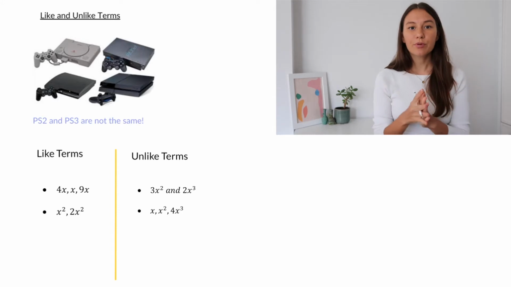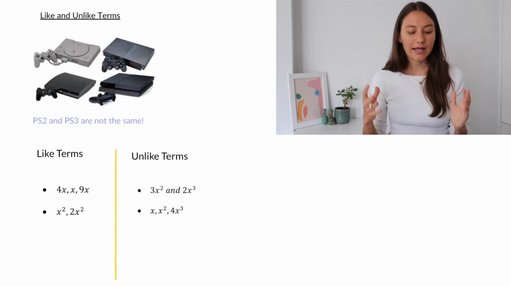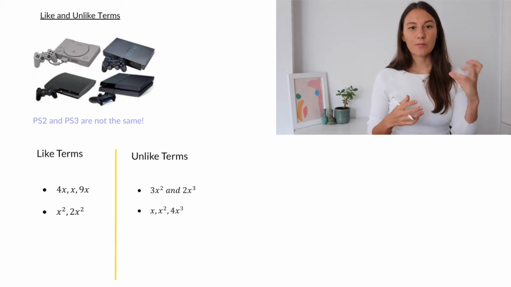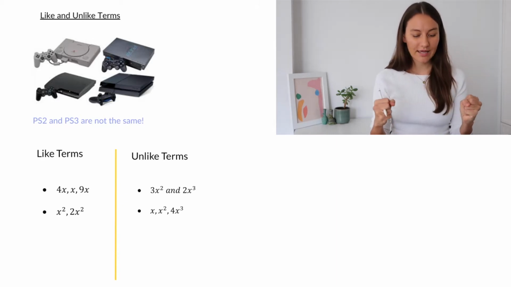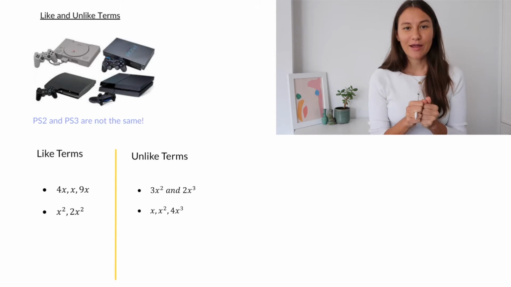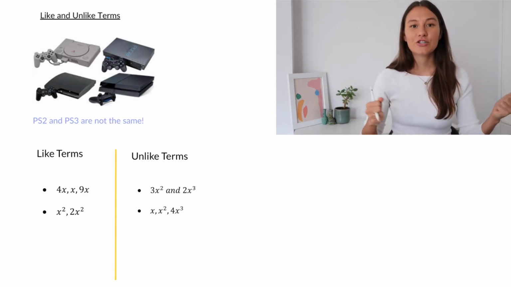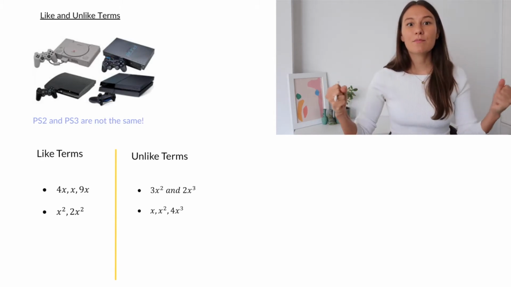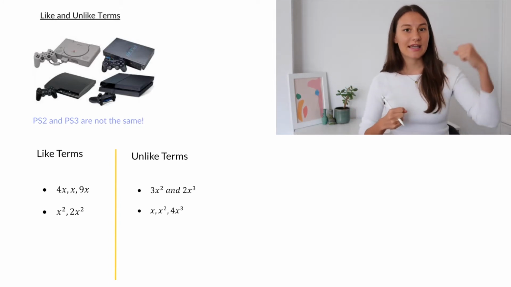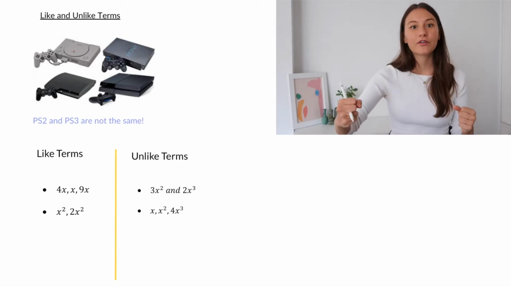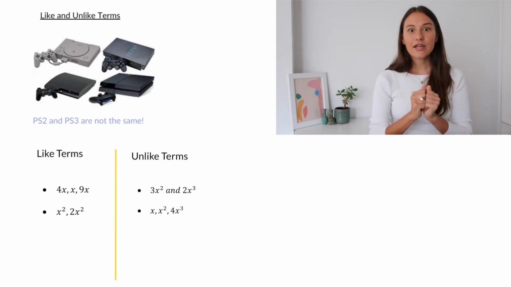So in order to simplify an expression or put things together, we have to talk about like and unlike terms, right? What are things that we can put together? What are things that we can't put together? And the way I teach this is by reminding my students of like PlayStation 2 and PlayStation 3. They're two different models of PlayStation, and sometimes the games that you have on PlayStation 2 won't work for the games that you have on PlayStation 3. They have different features.